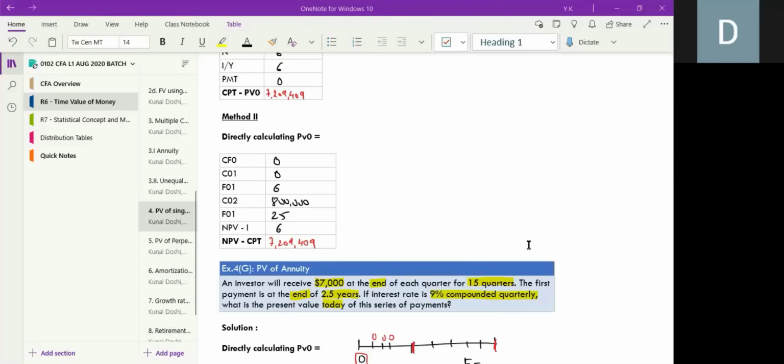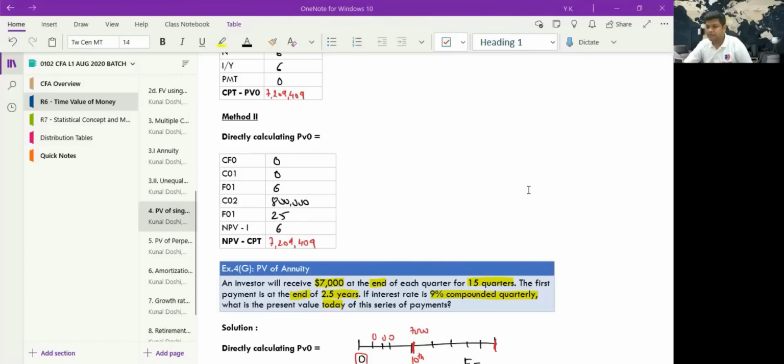Which period from the end of 2.5 years? 10 quarters. So can I say the first cash flow of 7,000 will start from the 10th quarter? Because they have said at the end of 2.5 years, and 2.5 years is at the end of the 10th quarter.